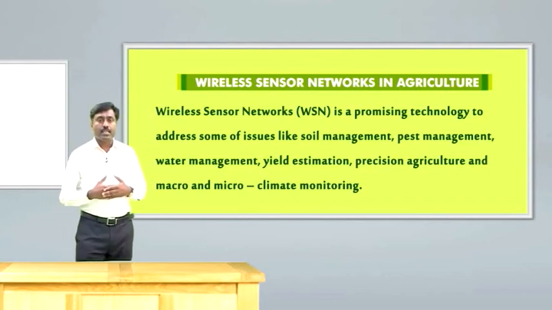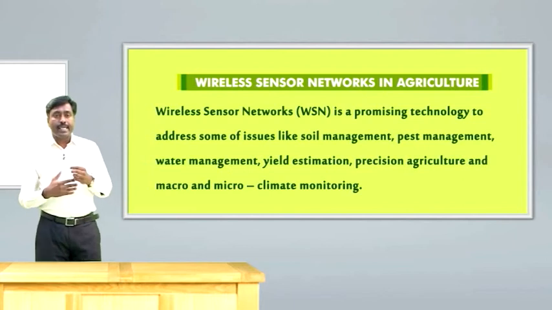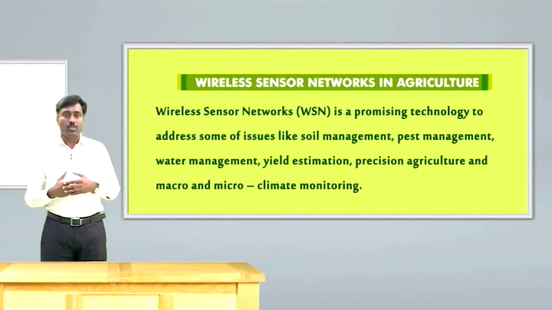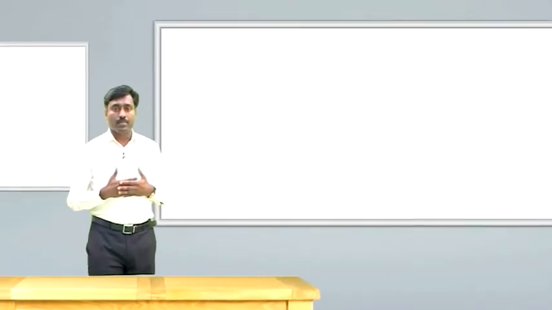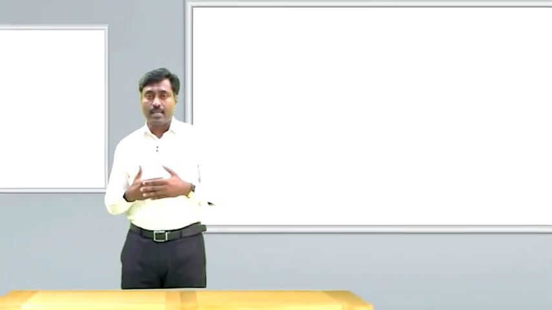These wireless sensor networks consist of tiny devices called nodes, capable of sensing the environment surrounding them, like soil temperature and weather parameters. They process the data and communicate the sensed information in a collaborative or self-organizing and power efficient manner.